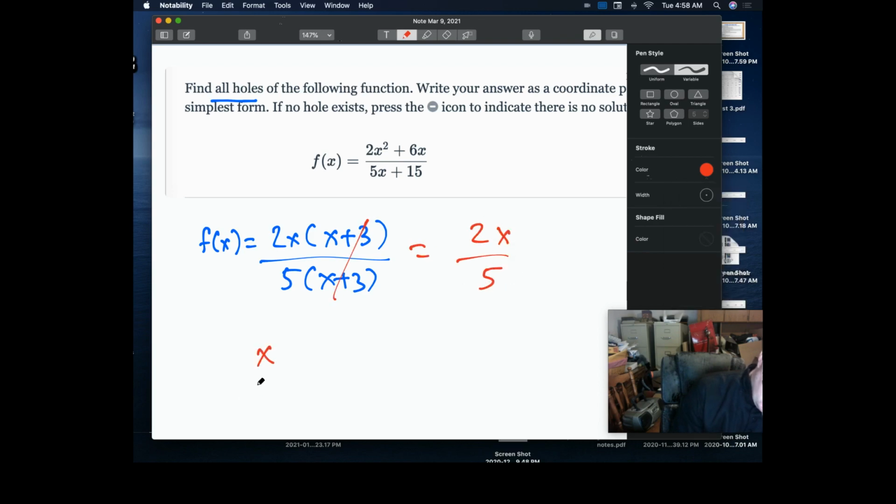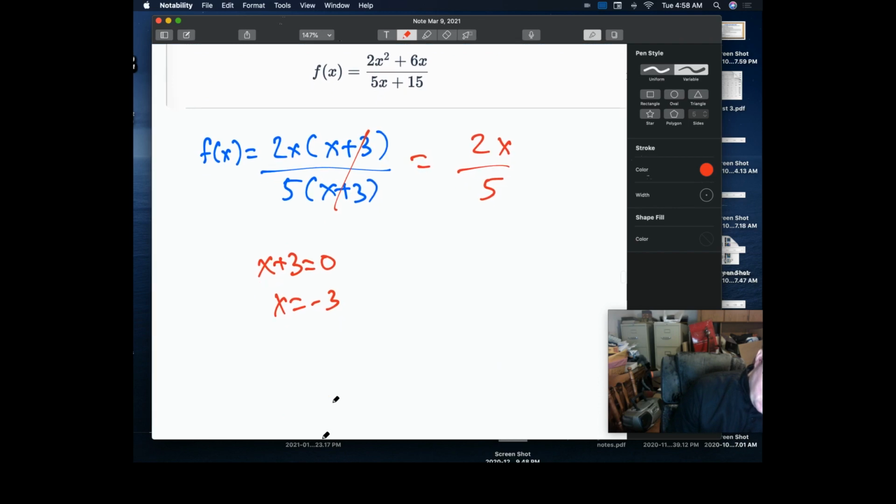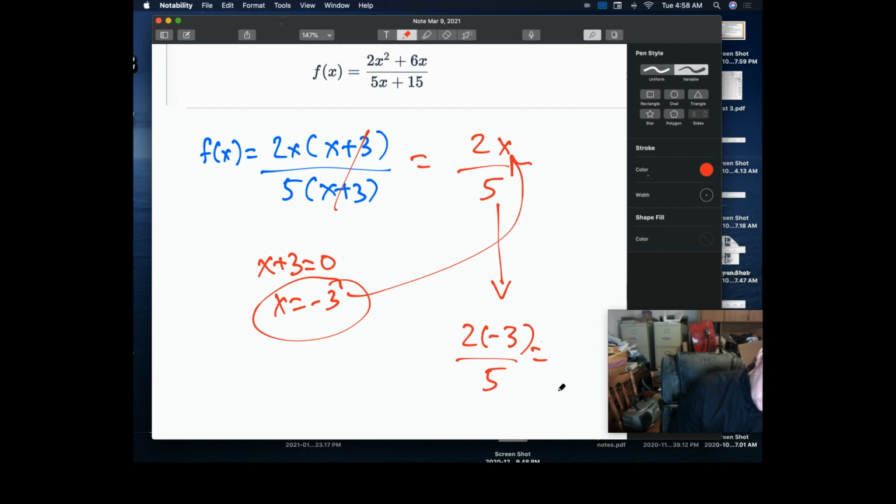So the hole is going to be at x = -3. If they're asking you for an ordered pair, we take this -3 and plug it in, and we get 2 times -3 over 5, which is -6 over 5. So that gives me (-3, -6/5).